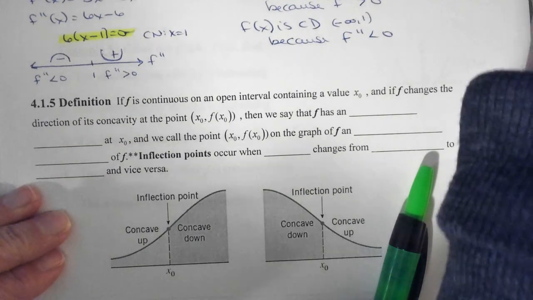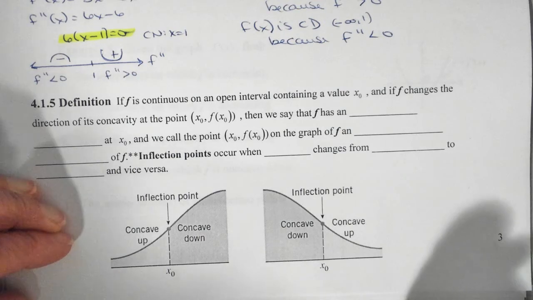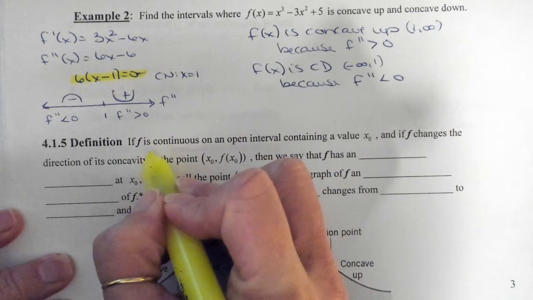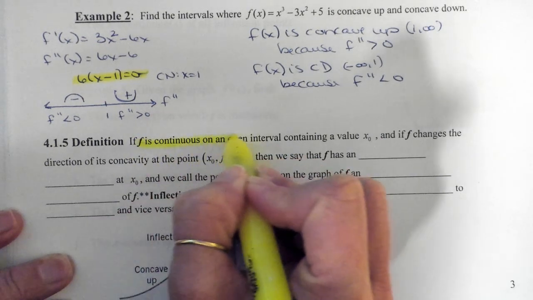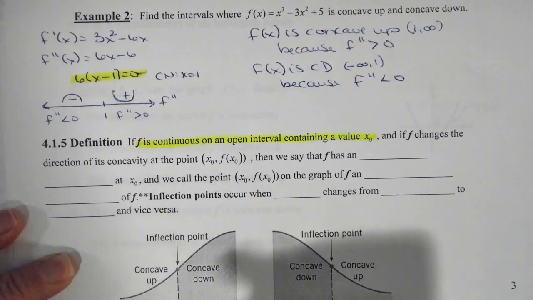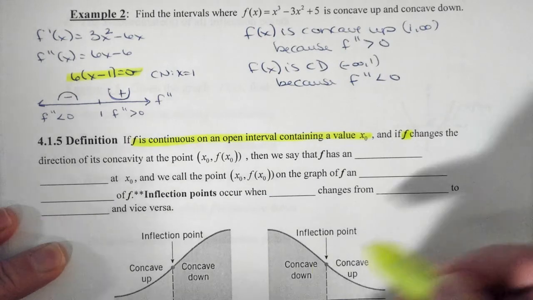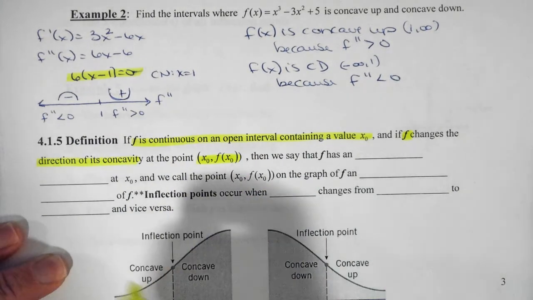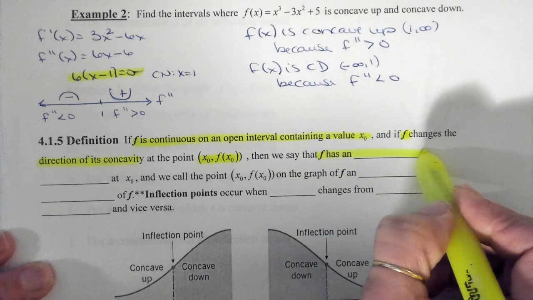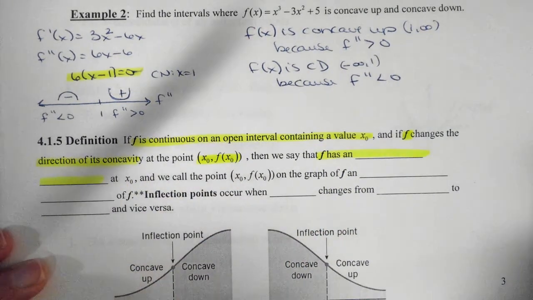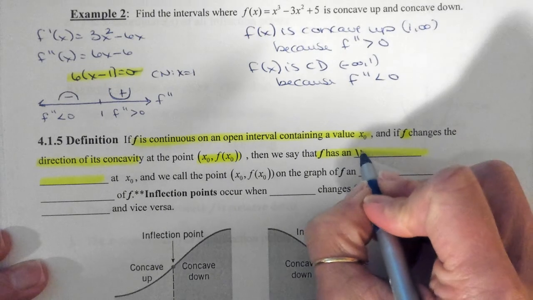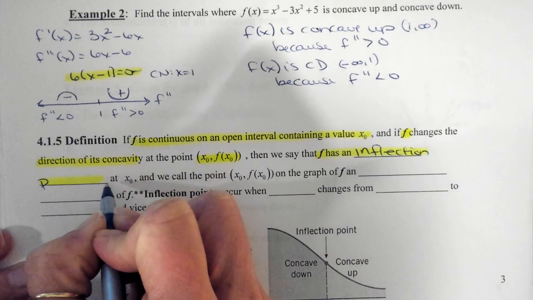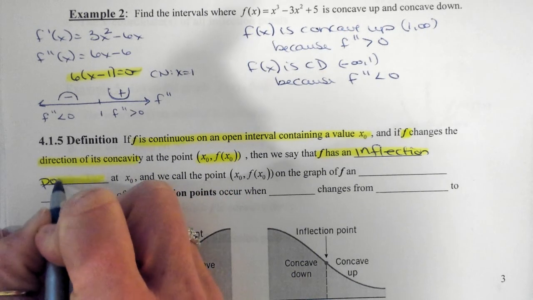So if you have this continuous function by definition, f is continuous on the open interval containing some given x value, and if the function changes the direction of concavity at a given point, then we would say that f has an inflection point at x sub 0.